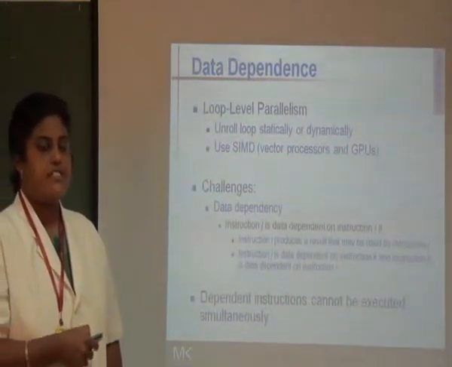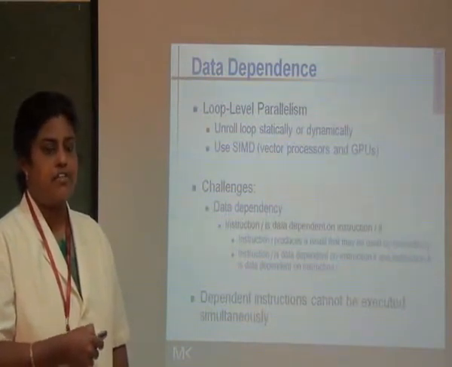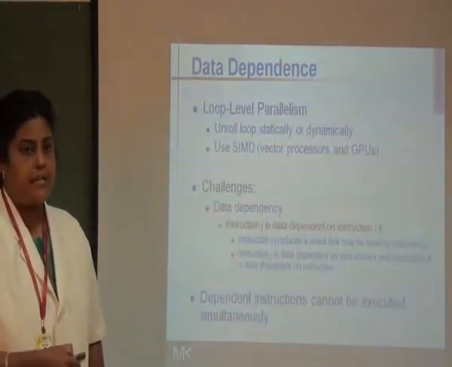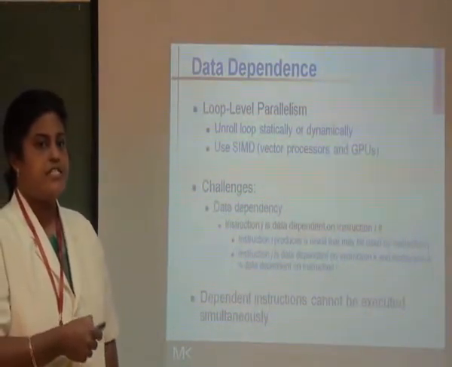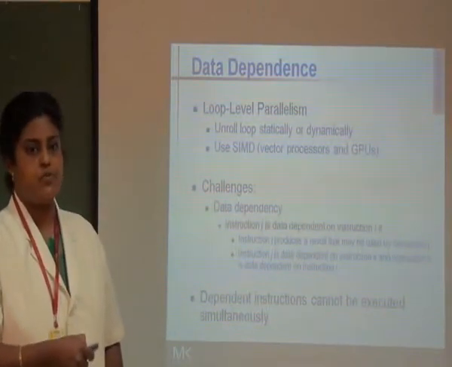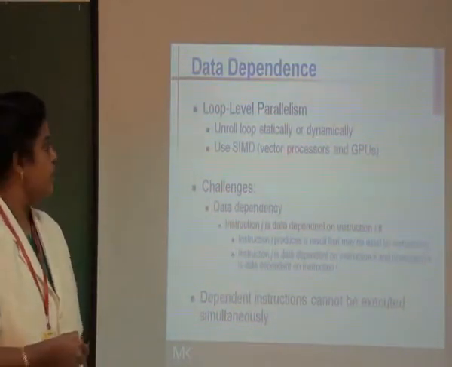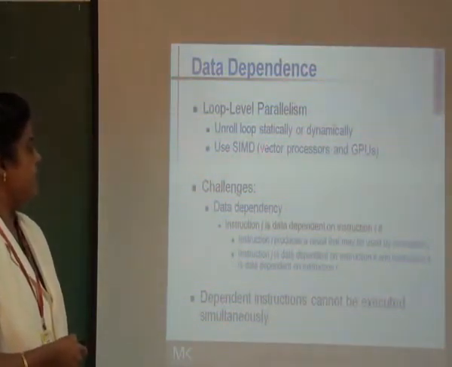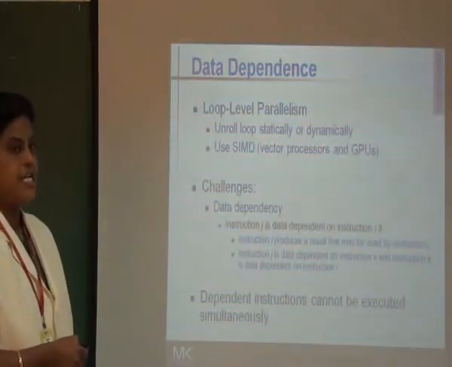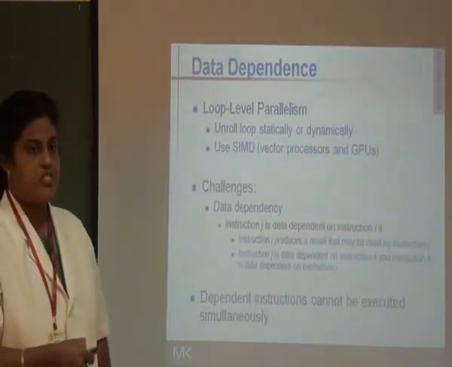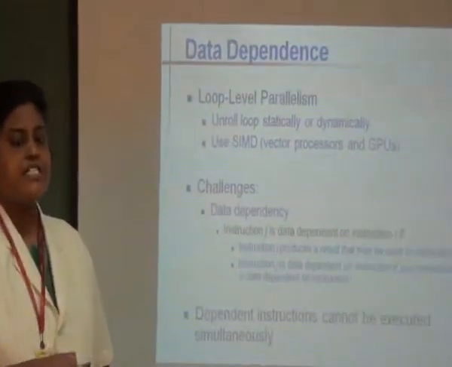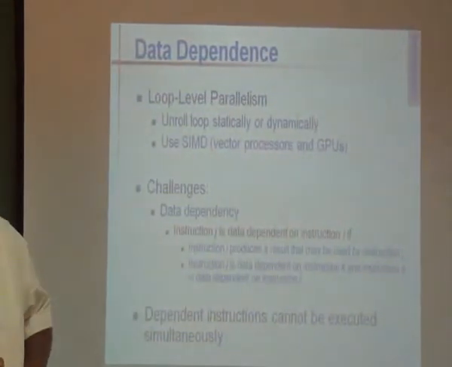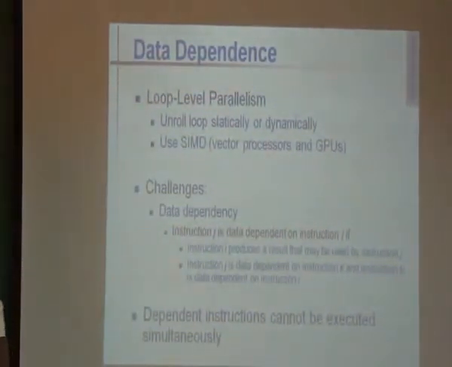In the case of static unrolling, we make use of compiler based approaches, and in the case of dynamic unrolling, we make use of hardware based approaches. We can also use single instruction multiple data stream vector processors as well as graphical processing units, which make use of loop level parallelism for execution of the instructions.